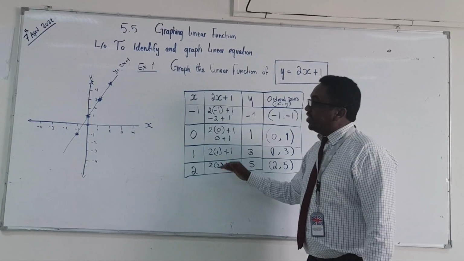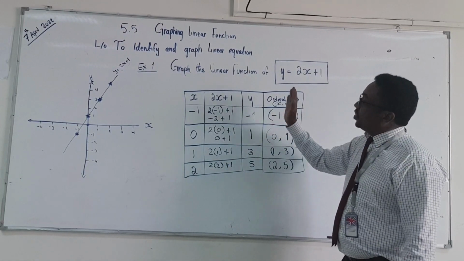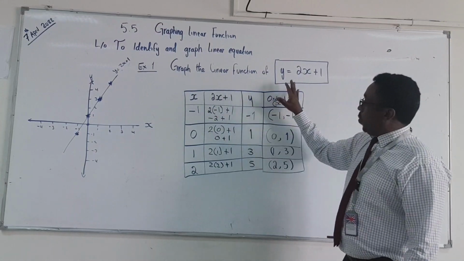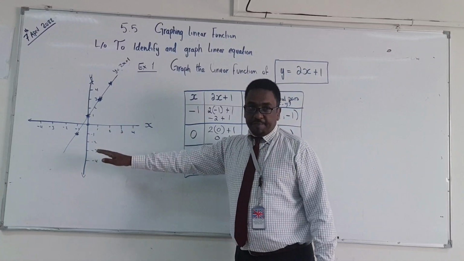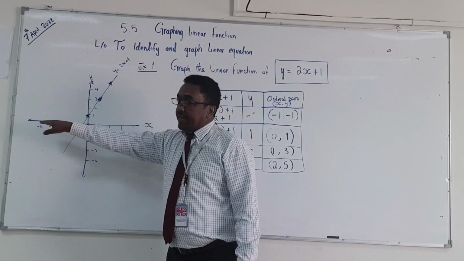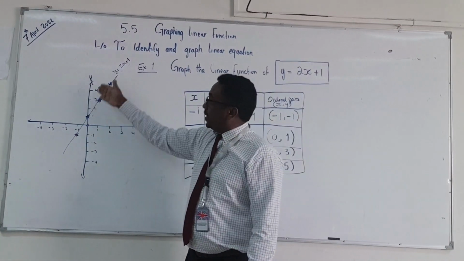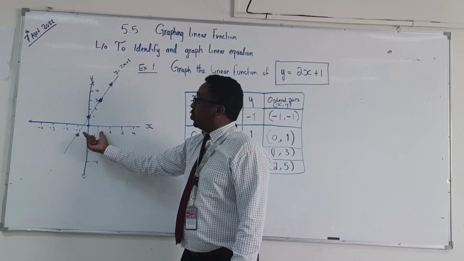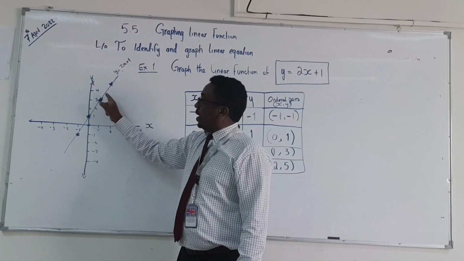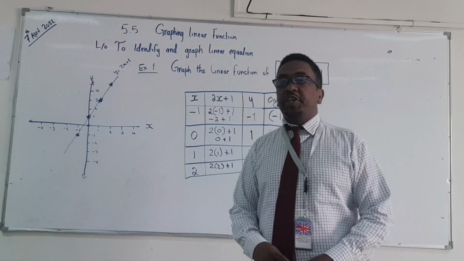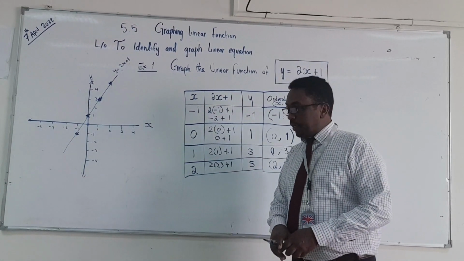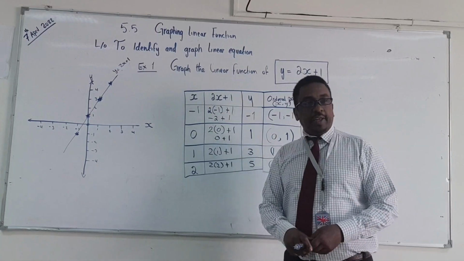When we finish this, then we write the order pairs, which is the x and the y. When we get that, then we draw that on the graph, where we always remember this is the x-axis, this line is the y-axis, and wherever the two numbers meet, we draw the dots, and then we connect them. By doing that, we have finished and drawn the linear function. Is that clear?